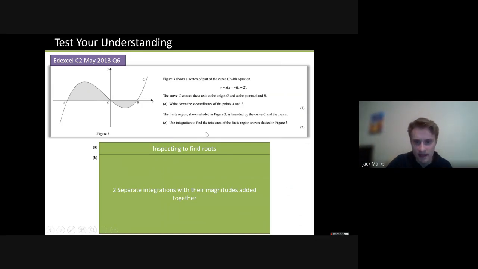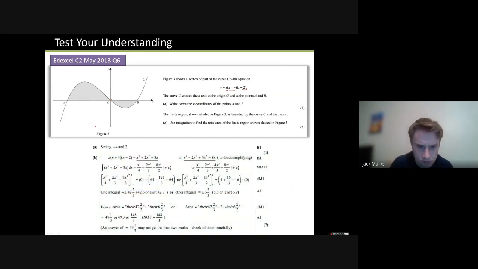So I'm assuming you've done that now. Inspecting to find the roots, you should see that 0, minus 4 and 2 are the points of value. These will be used as our limits. So we will integrate between 0 and minus 4 on the left-hand side, and then we will integrate, if we can find it, between 2 and 0 on the right-hand side.